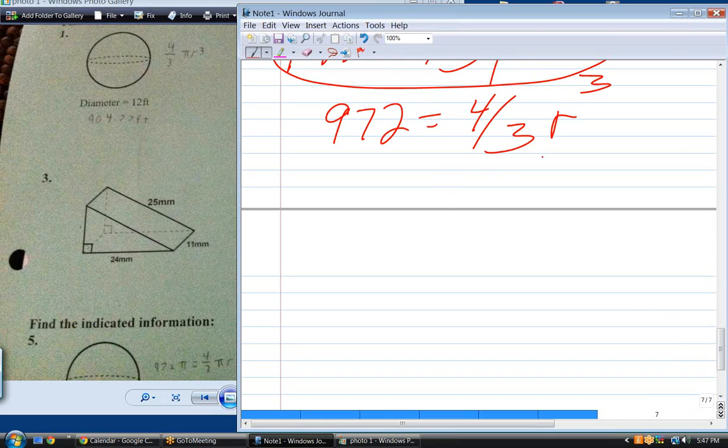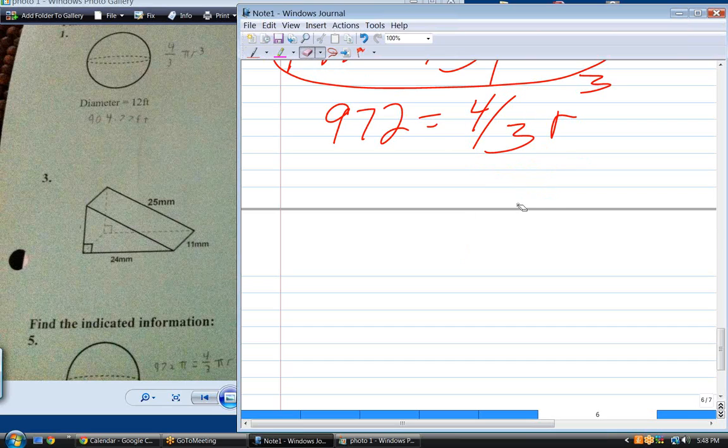Or you can look at it as multiplying both sides by 3 and then dividing both sides by 4. Same thing. But you're going to multiply by 3/4. So it just switches? Well, we're trying to turn this into a 1, right? So I can divide by 4/3, but that's the same as multiplying by 3/4.